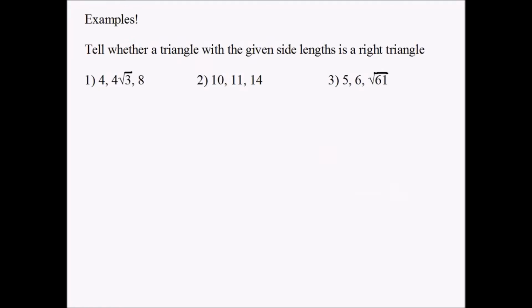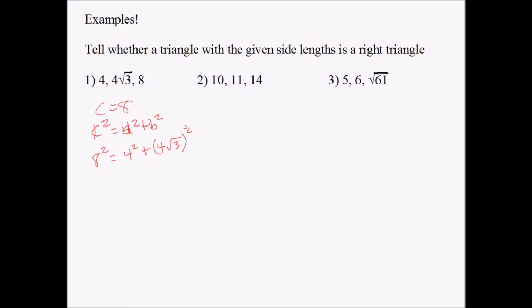Let's go ahead and do some examples. Tell whether the triangle with the given sides is a right triangle. We have 4, 4 square root of 3, and 8. Your c is going to be your 8. So c squared equals a squared plus b squared. Now I have 8 squared equals 4 squared plus 4 square root of 3, all squared.